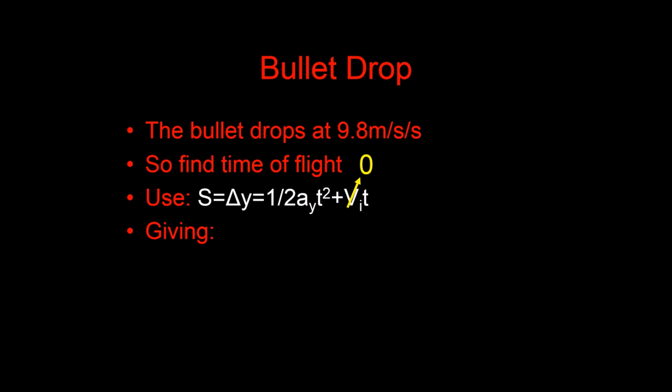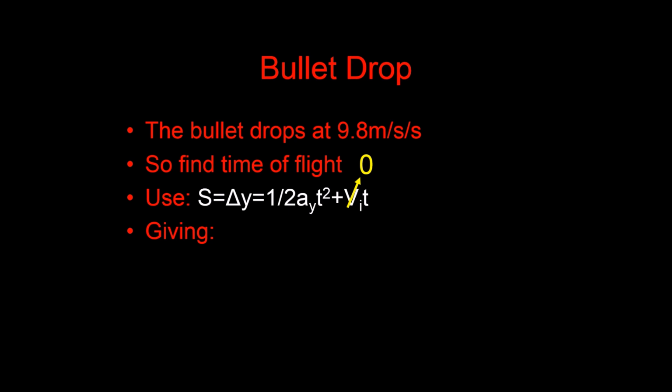So as the bullet exits the rifle barrel, its velocity in the y direction will be 0. It will only start to gain velocity in the y direction as it travels between the rifle and the target.